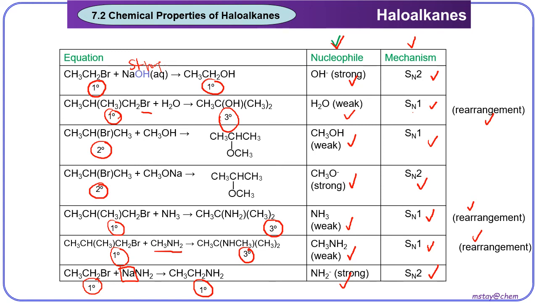If they are secondary haloalkane, it basically depends on the type of nucleophile. If primary haloalkane, there are 2 conditions. They might carry out Sn1 if there is rearrangement. If they maintain as primary product, they will undergo Sn2.